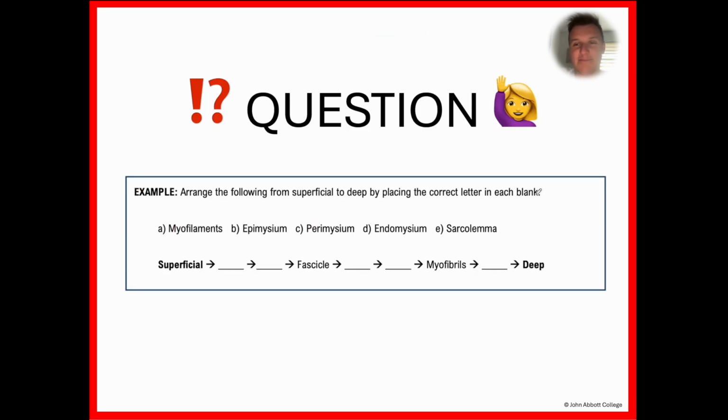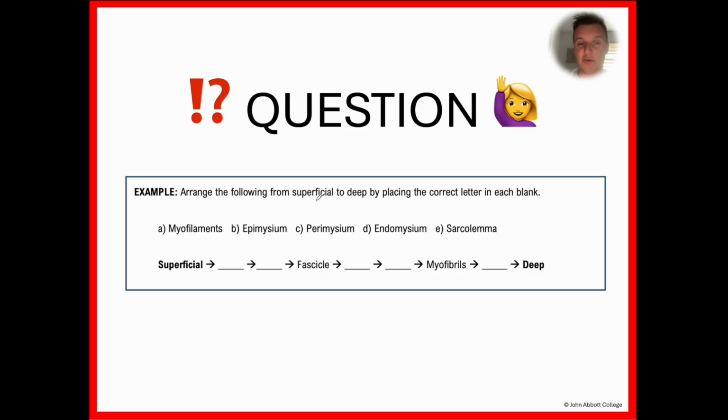So, before we go on, I want you to pause this video. I want you to make sure you know the organization of these things because it gets messy. Arrange the following from the most superficial, meaning at the top, right?